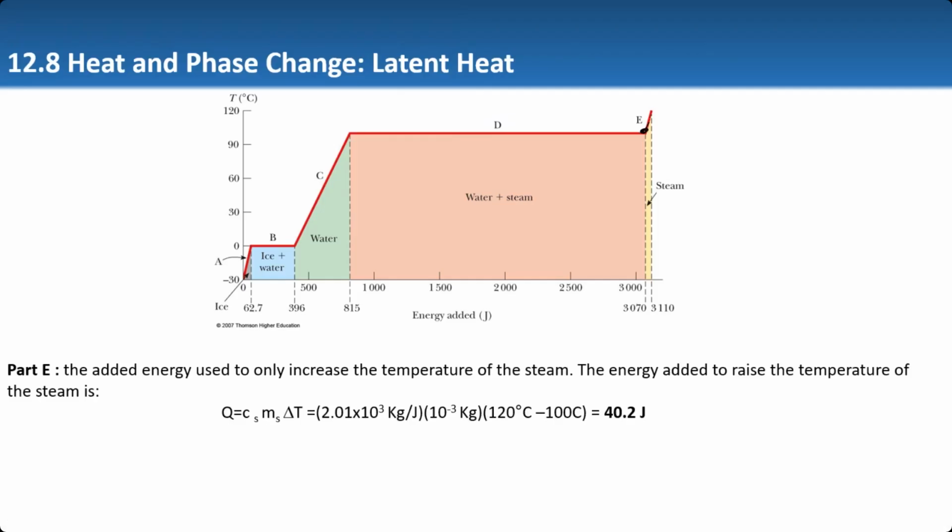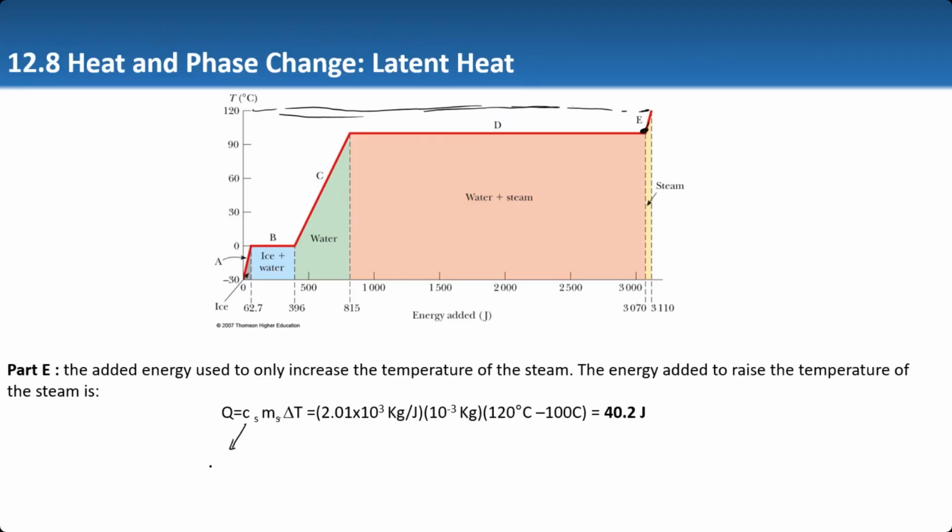I can also keep raising the temperature of the steam. Let's say the final temperature was 120, like we stop here. The final temperature of the system is 120. So there will be some additional amount of energy involved. Namely, this is the energy involved when we want to increase the temperature of the steam from 100 degrees Celsius to the final temperature of 120. And then Q is going to be equal to mc delta T again.